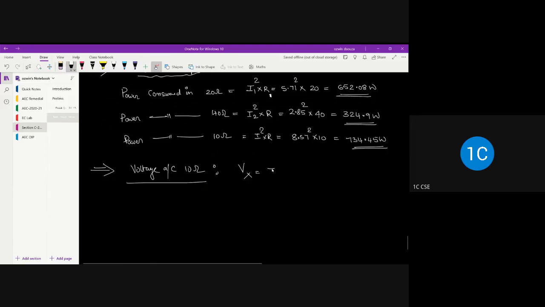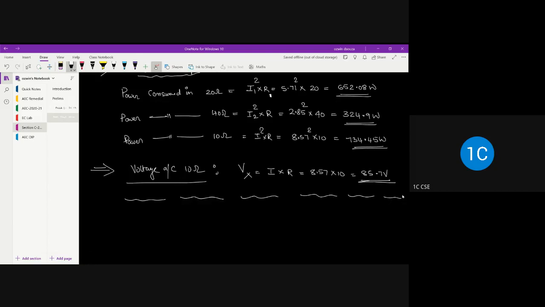Vx is equal to I into R. So current is the main current, 8.57, into the resistance value of 10 ohm. So it is 85.7 volts. So this is the solution.